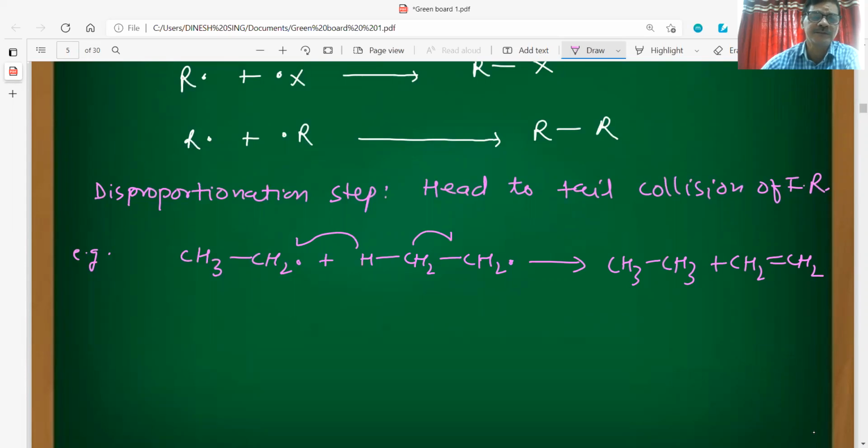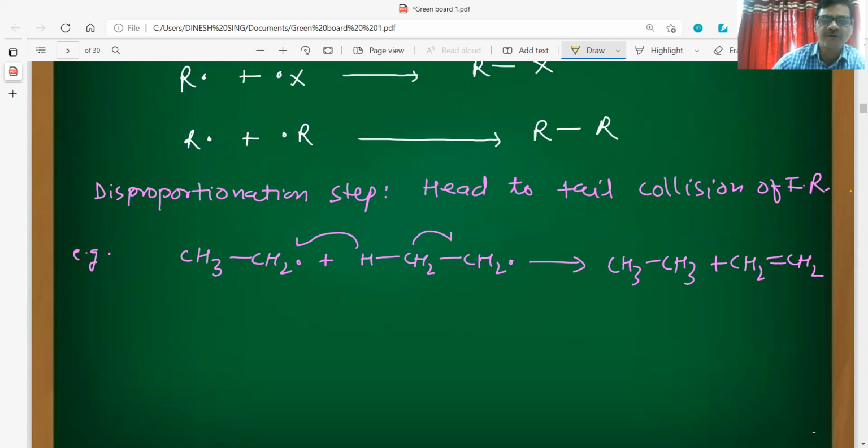So this step is called disproportionation step because here the oxidation number of carbon is changing on both sides, that is, it is increasing and decreasing also. So disproportionation reactions are those where oxidation and reduction of the same atom take place simultaneously. So this is the overall mechanism for this reaction. Reaction is taking place through free radical intermediate.